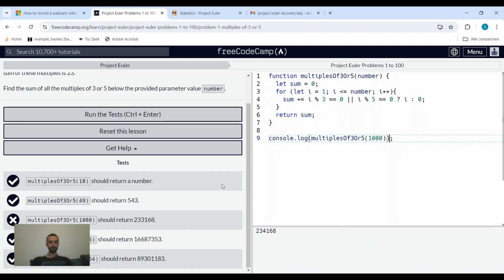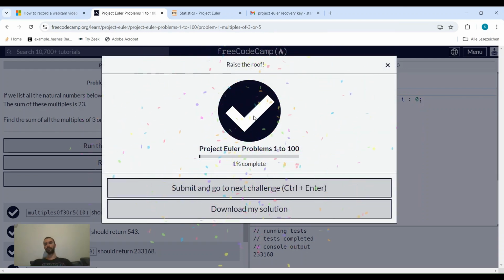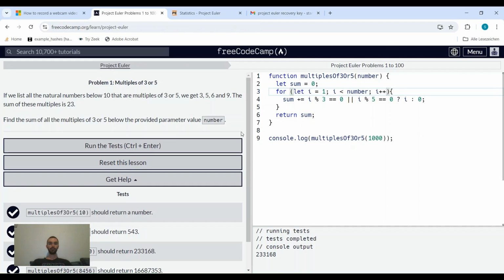Okay, this is interesting. Below the provided... Okay, I see. Now it should work. And it's done. So this was an easy one, of course.